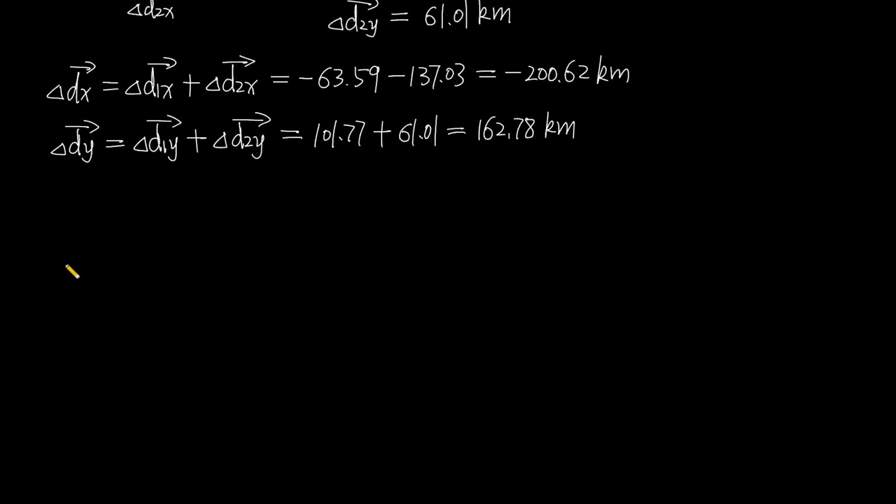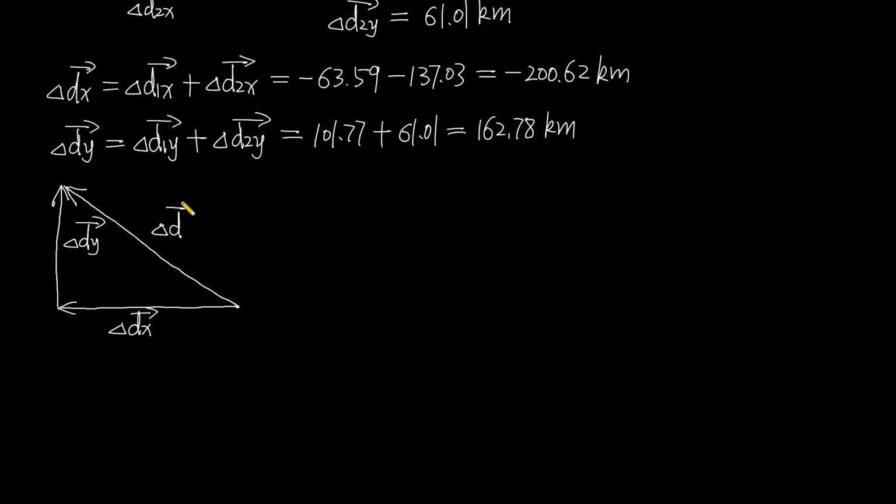Now I draw the graph. This vector is just delta dx. And this vector is just delta dy. And this vector is just delta d. And this angle is theta. This angle is a right angle.